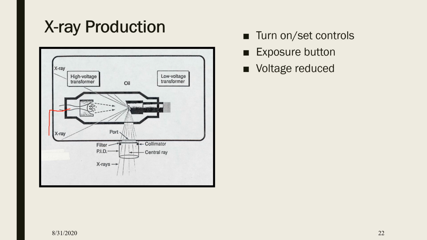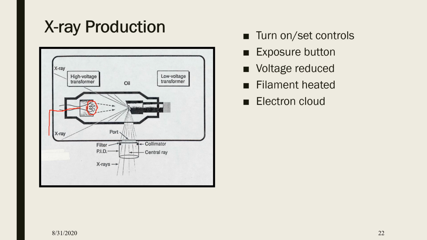Once it enters the filament circuit, the filament will be heated up in the cathode, and then the electron cloud will be produced. How many electrons are formed is dependent on the milliamperage selected. Again, milliamperage, the number. The higher the milliamperage, the more electrons are formed.